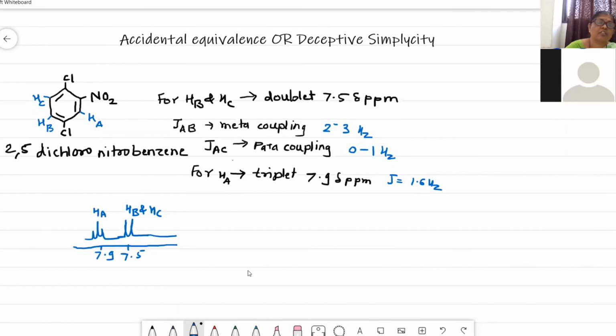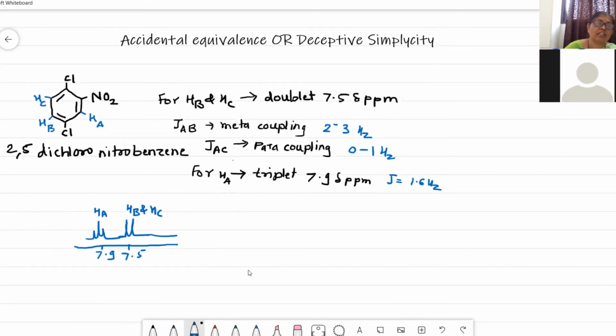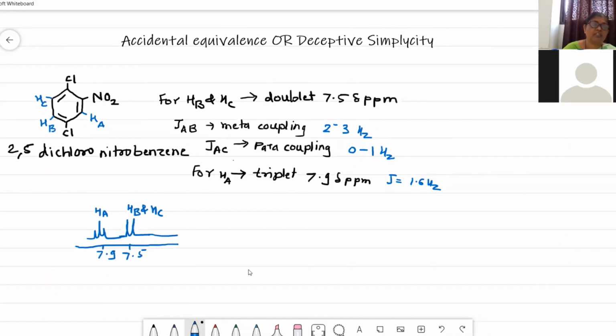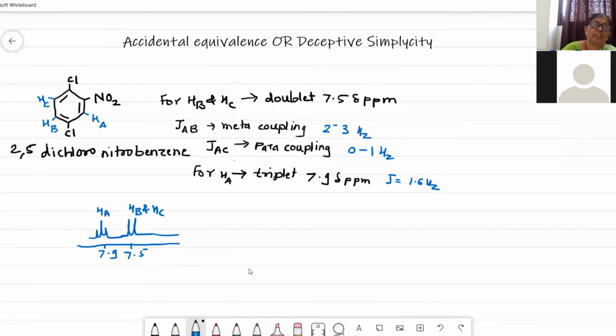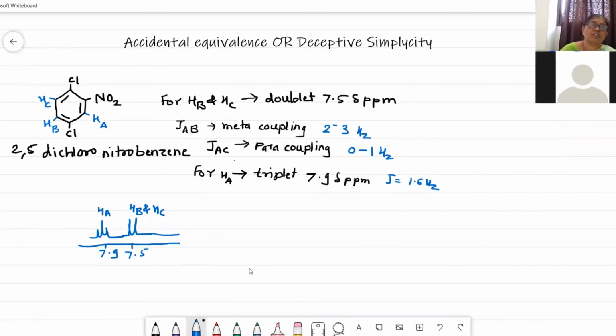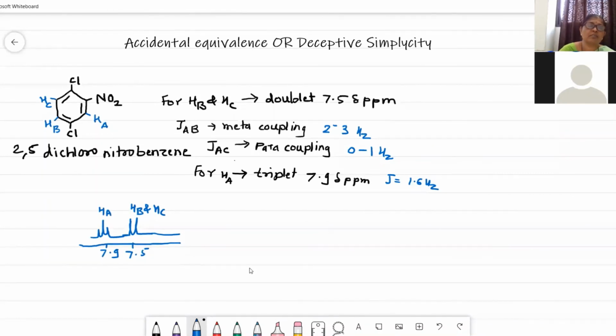That is, although the spectra is non-first order, it looks like first order. Such type of observation is known as deceptive simplicity. Note down in your book: although the spectra is non-first order, the spectra looks like first order. That is known as accidental equivalence or deceptive simplicity.